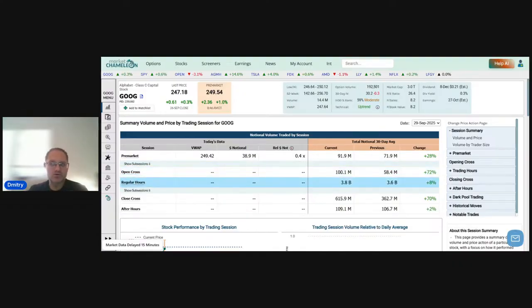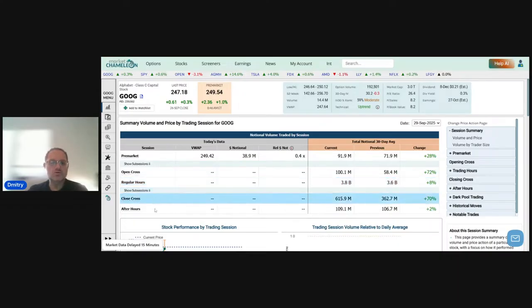Then after the regular hours trades, we have what's called a closing cross. That's similar to what we see at the open. The closing cross accumulates orders that need to get executed at the official closing price.